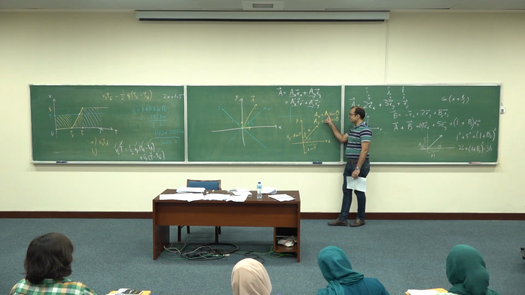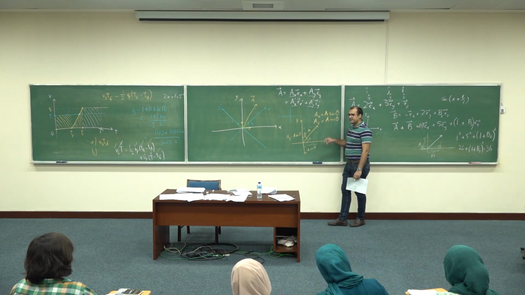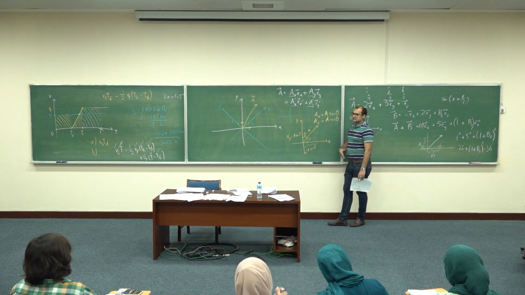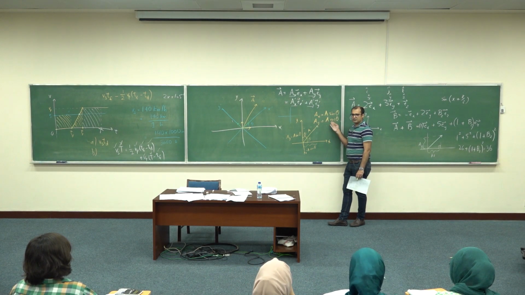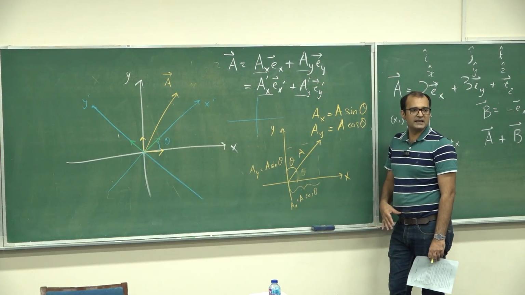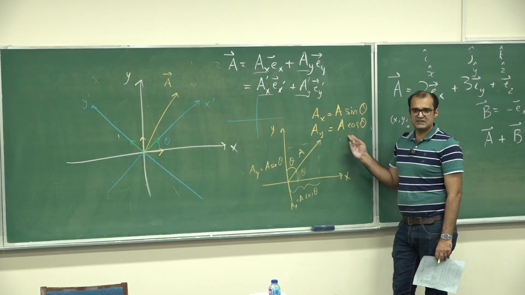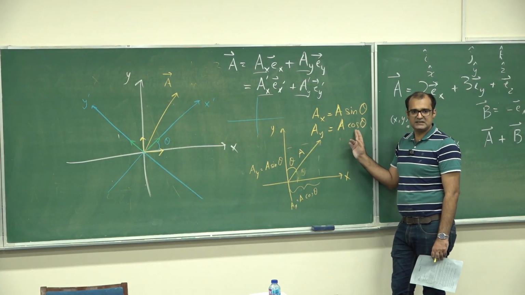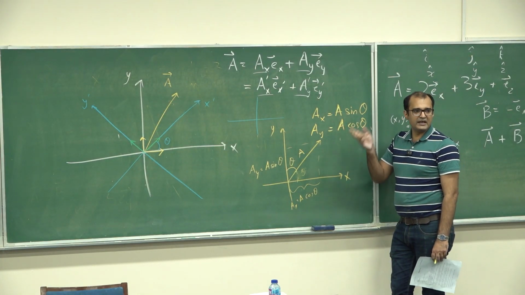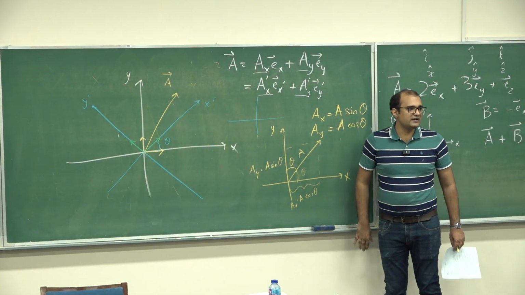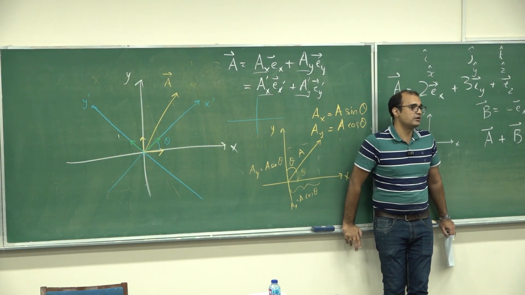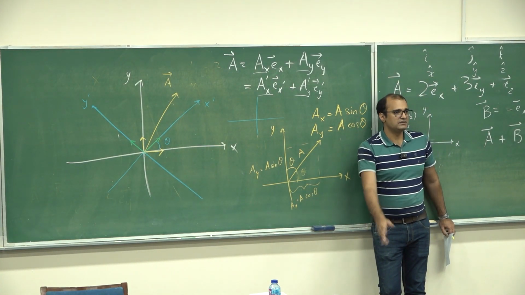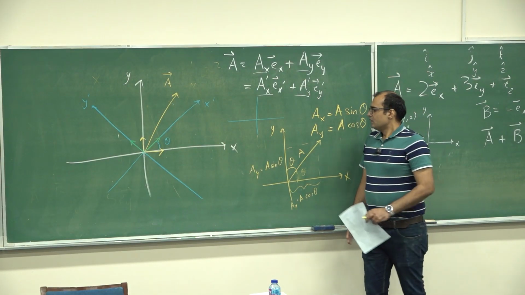Vice versa, if I know a and theta, I can figure out ax and ay. If I know ax and ay, how do I figure out a? Use Pythagoras. Square both sides of each equation and add: a square is equal to ax square plus ay square. Divide these two equations, a and a cancel, and you get tangent theta equal to ay over ax. So knowing ay and ax, you can figure out a and theta, and you can go the other way around.